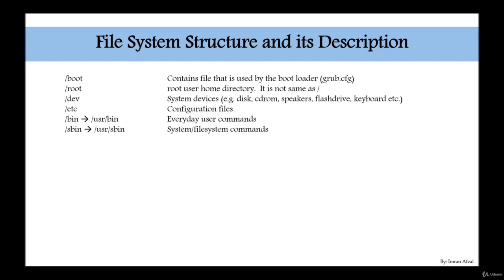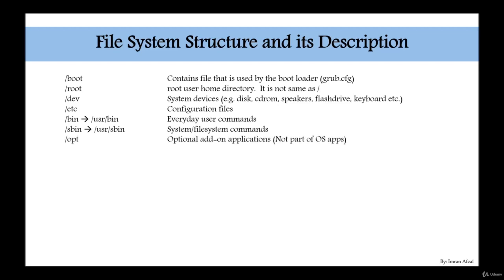Then we have another directory called /sbin, which is also linked to /usr/bin. These are system file system commands, the type of commands you really need for system purposes. If you want to extend or configure your file system, we will take a look at that again when I bring up my Linux machine.